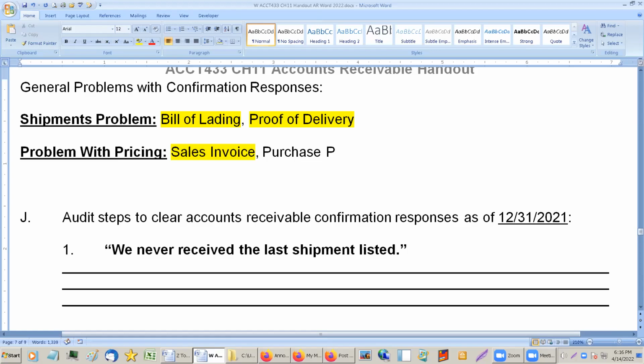Now the purchase order and the sales invoices should match, the prices should match. If they don't, there's a problem, because usually the purchase order will have the price, and the sales invoice should have the price.